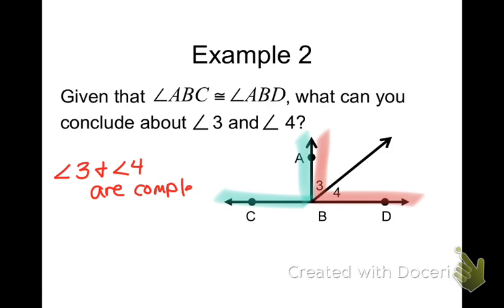Say it again, Riley. Angle 3 is perpendicular to angle 4. Well, no, it's not perpendicular to each other. They're complementary, so it means that they add up to 90 degrees. Or if you wanted to write it out as the measure of angle 3 plus the measure of angle 4 equals 90 degrees, that would also work for an answer. Either of those I would accept.